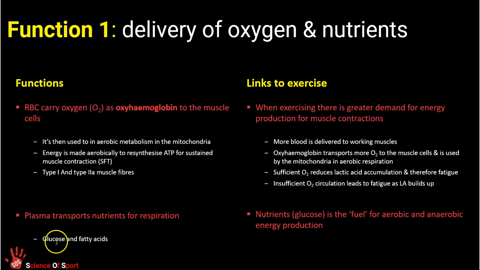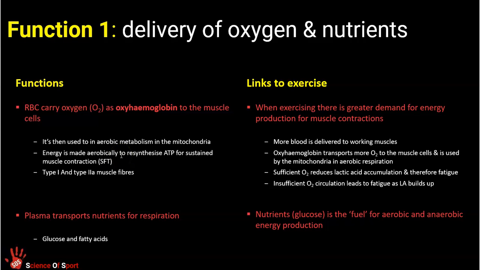Glucose and fatty acids are also carried in the plasma as well, and they're taken to where they're needed, so obviously the muscles. So the first point is our blood transports red blood cells containing oxyhemoglobin and can transport nutrients like glucose and fatty acids to working muscles so that they can be used to make energy aerobically.